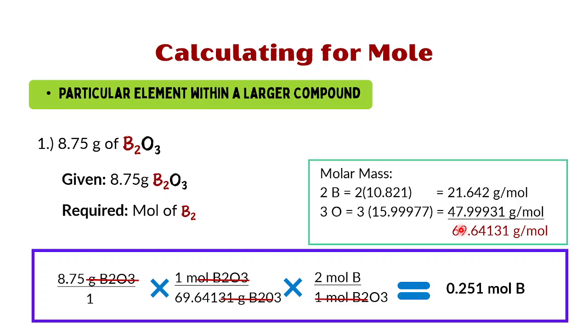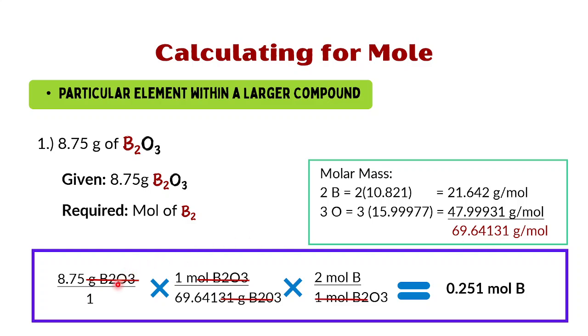So in an easier explanation of this, in every 1 mole of this boron trioxide, there is 69.64131 grams. That is what it means: for every mole, there is its equivalent mass in grams. So how do we calculate?